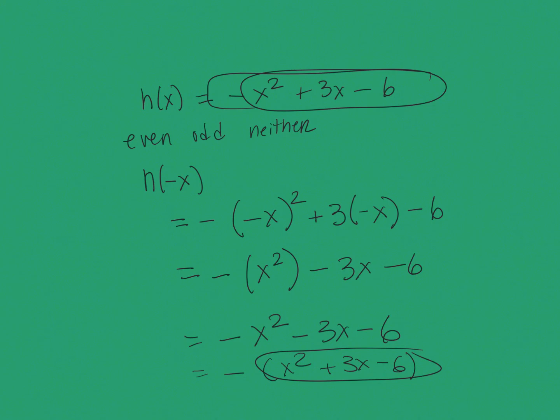Why wouldn't you take the minus out of the 6? Oh, I should have been plus, thank you. So, neither still. It's close, but it doesn't match exactly. In either case, these don't match. And if I pull a negative out, it doesn't match. So it's neither even nor odd.